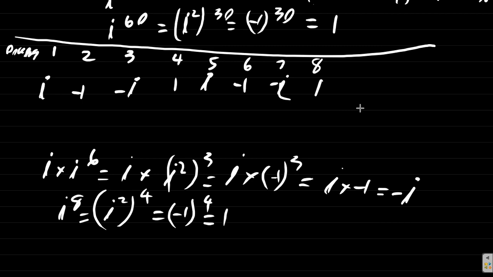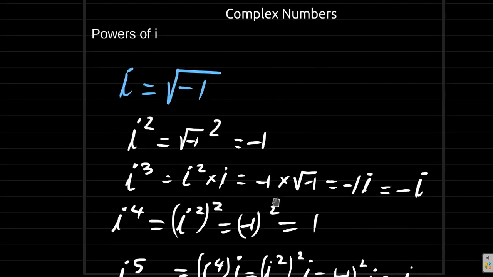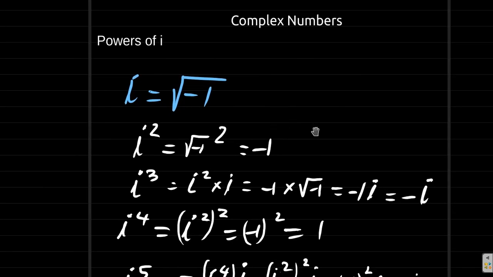So it will be cycling from i to negative 1 to negative i to 1, and that's a cycle that will repeat itself. So here, these are powers of i.